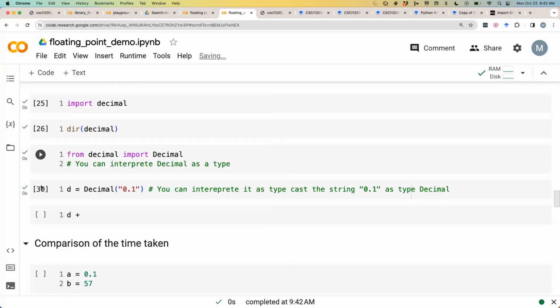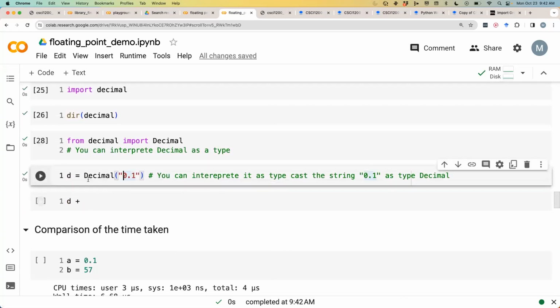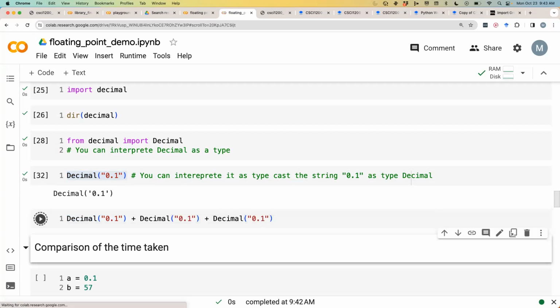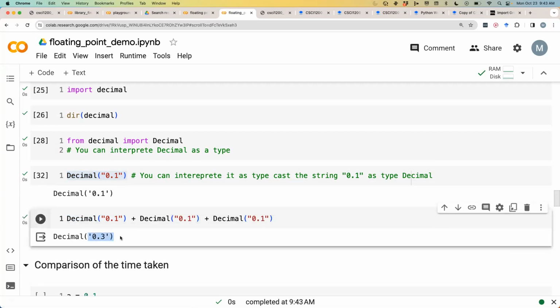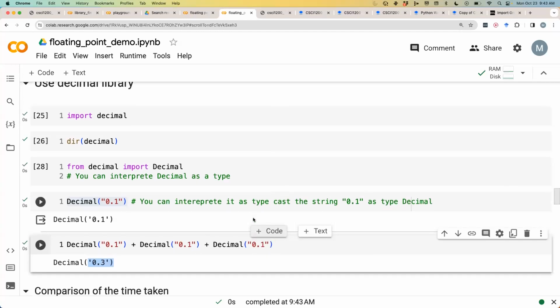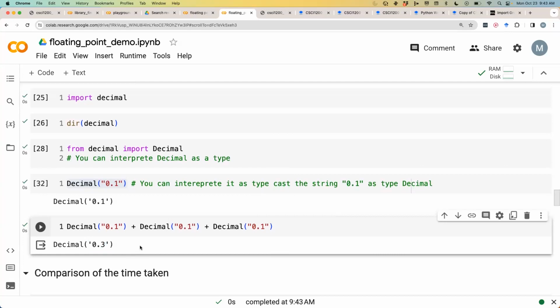Now, if I typecast it into Decimal, okay, so I have this here, Decimal 0.1 plus Decimal 0.1 plus Decimal 0.1. What I get is Decimal 0.3. Now, this is precise now. Okay, earlier on, 0.1 plus 0.1 plus 0.1 as floating number does not give me precise calculation.